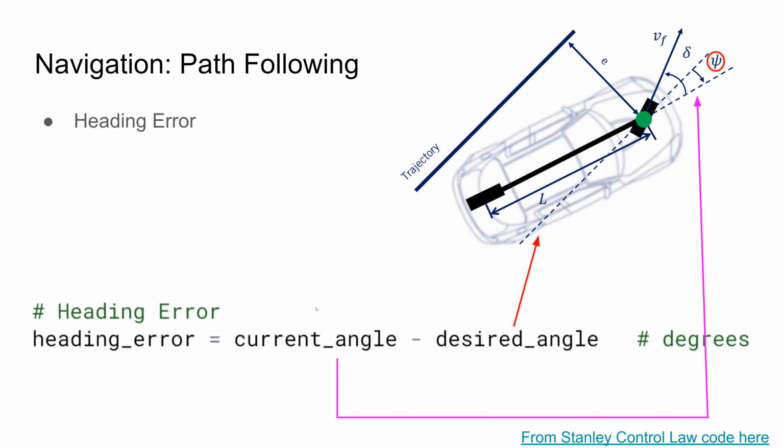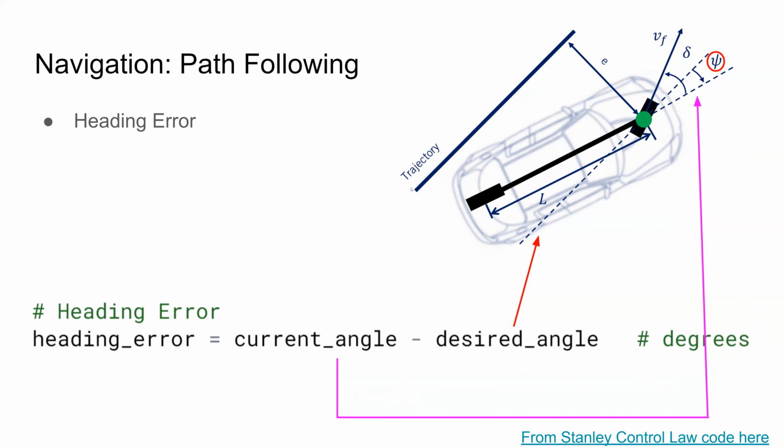The next thing is the heading error. In order to do that, you basically read the current angle from your magnetometer, and then you subtract the desired angle. The desired angle is calculated based on the angle that the waypoints form.